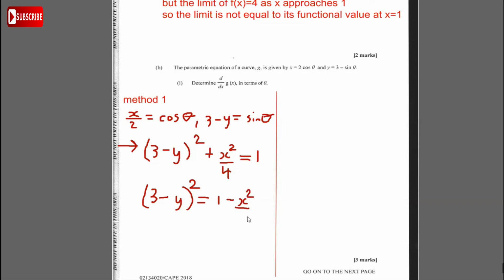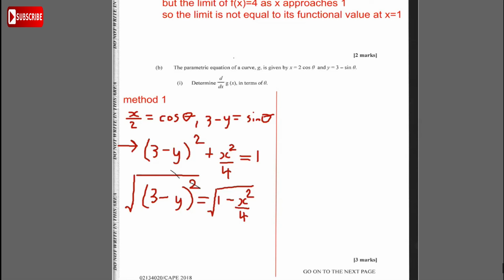You can then square root both sides. When I square root both sides, the square cancels the square root, and so what I'm left with is 3 minus y equals this.